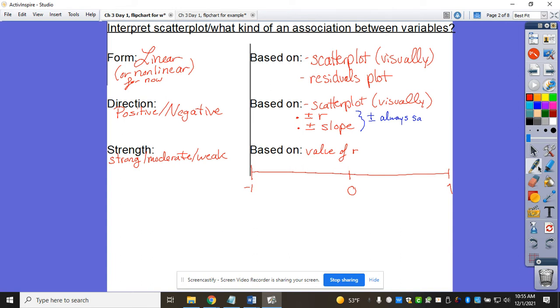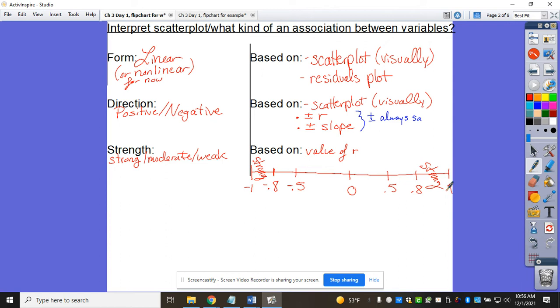Now, this is a textbook to textbook thing as far as a cutoff number. Some of them use -0.75. But our textbook uses these as cutoffs. So anything here is strong. Anything between -0.5 and 0.5 is weak.